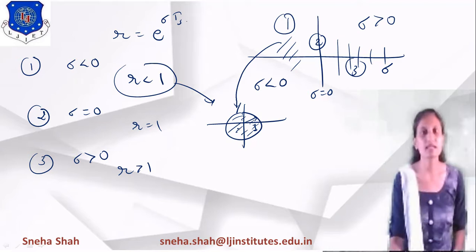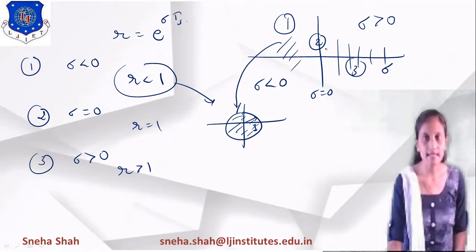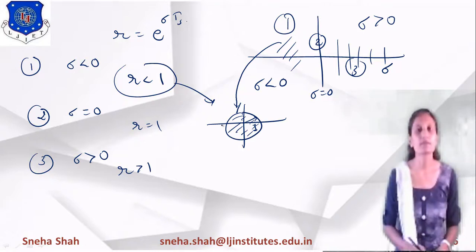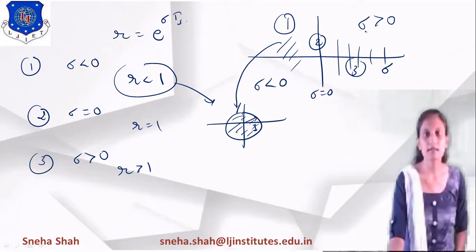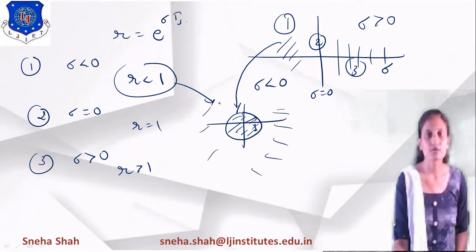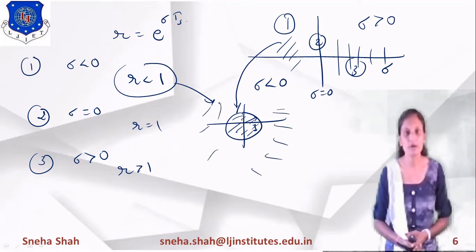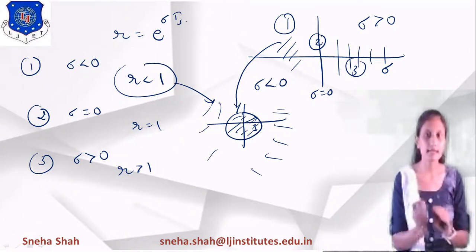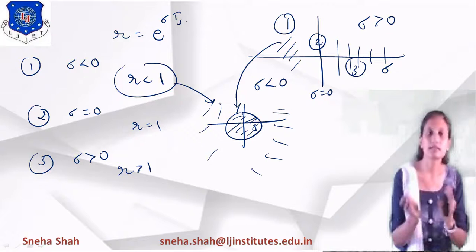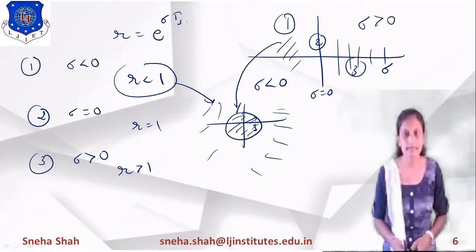In the same way, the second case is considered marginally stable, so it gives you a position on the border of the unit circle. Likewise, sigma greater than 0 gives you the outside of the unit circle, so it gives an unstable output. So this way we can convert a stable analog filter to a stable digital filter design.